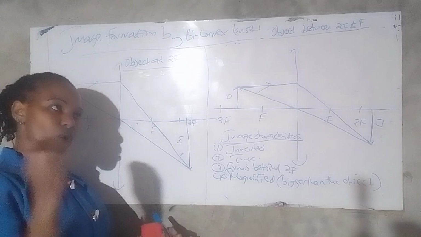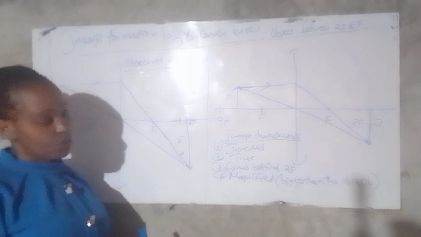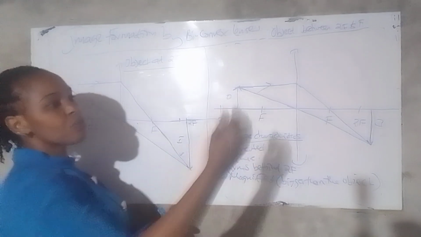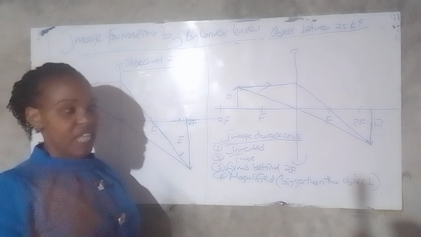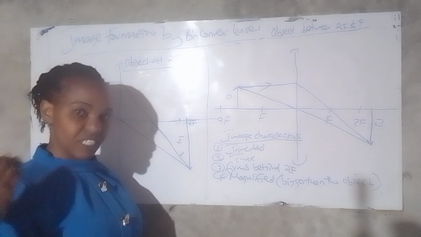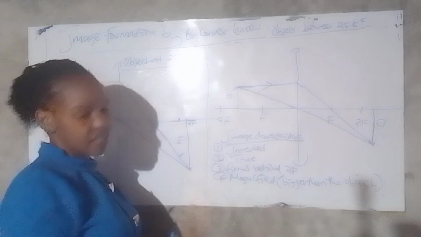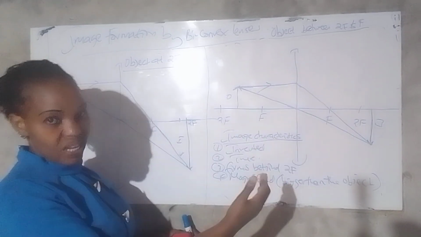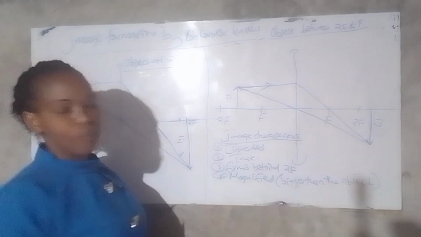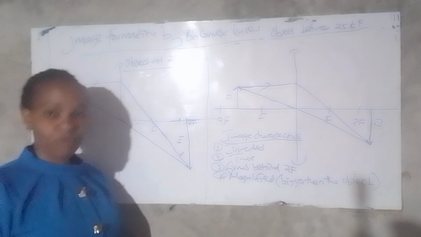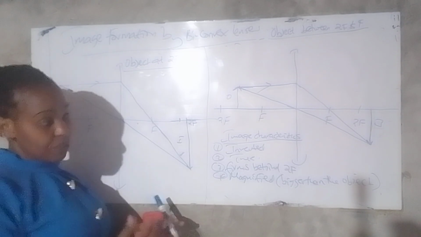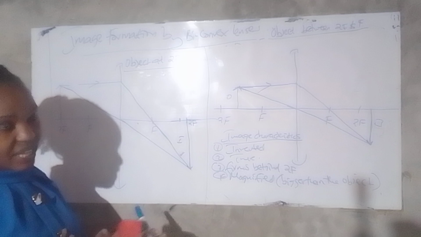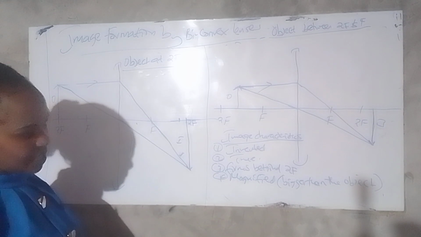As we bring the object closer to the lens, the image moves far away from the lens. As the object moves from infinity, coming closer towards the lens, the image moves from F, the closest to the lens, and moves further away from the lens. Okay, so that is very important. We need to check that. We're going to use that much later.